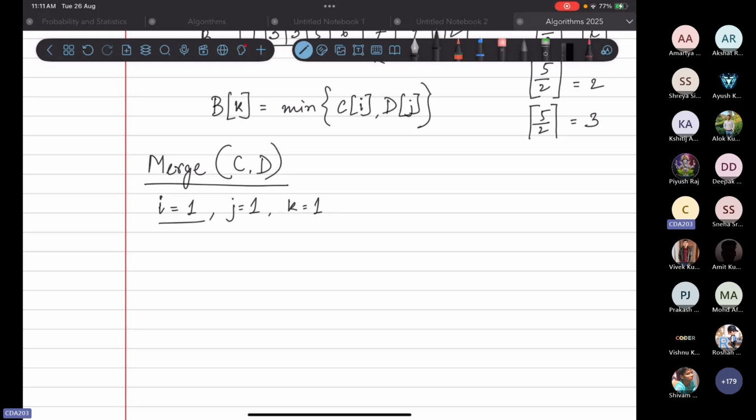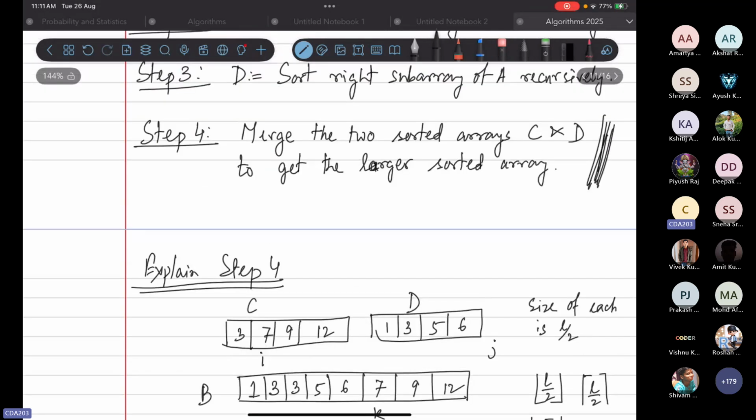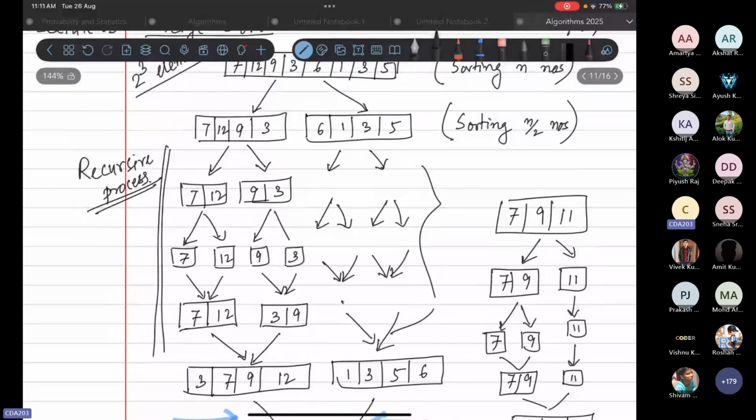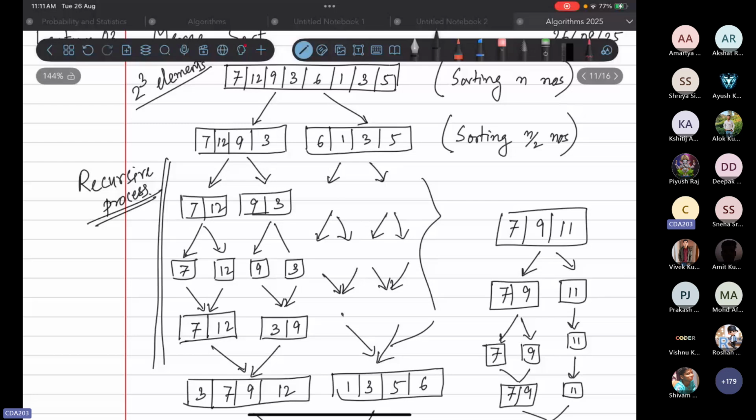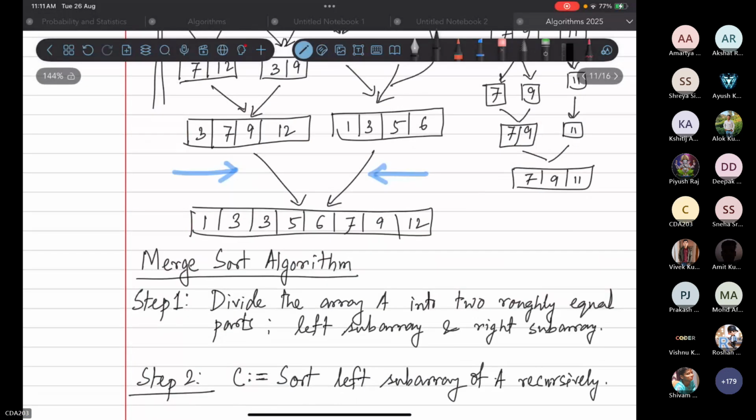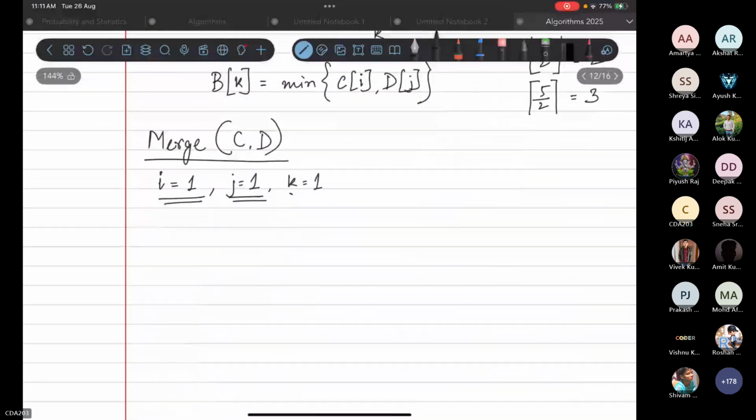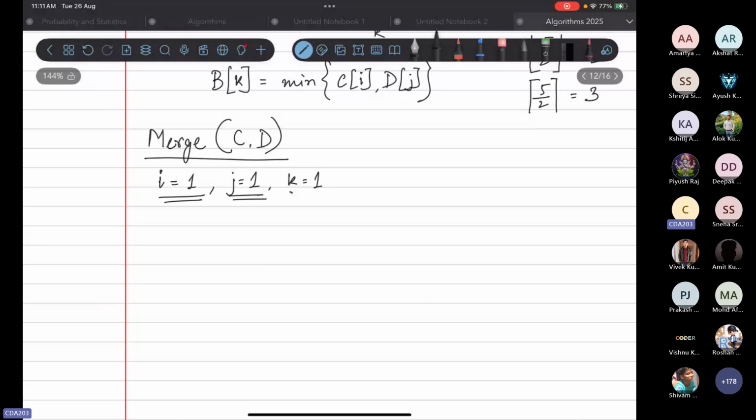This initialization will depend on which stage you are in the merge sort. So I'll use a while loop for doing this: while I and J are both less than L by 2.